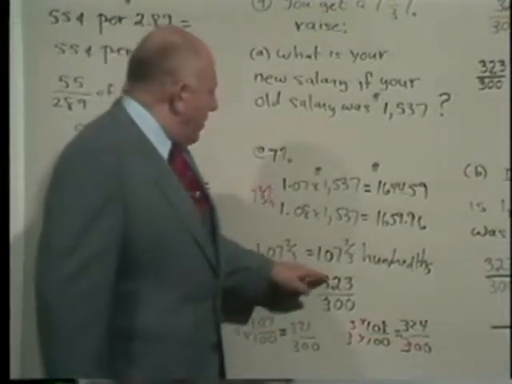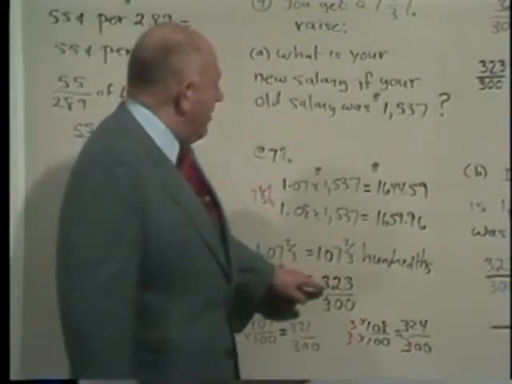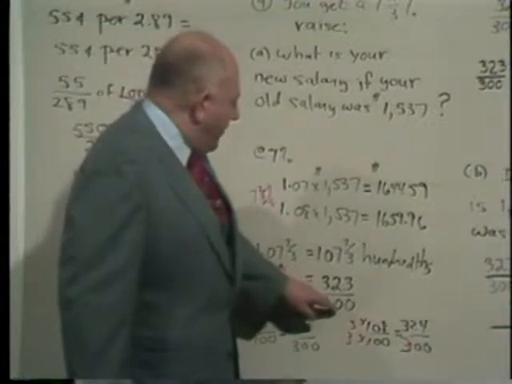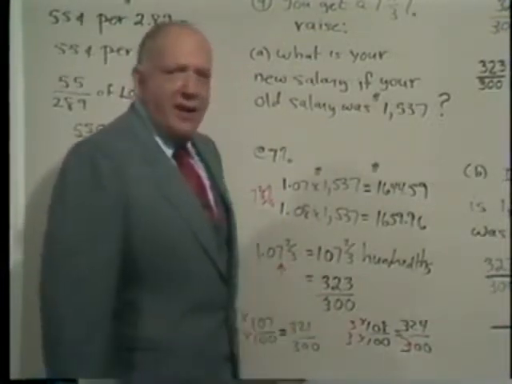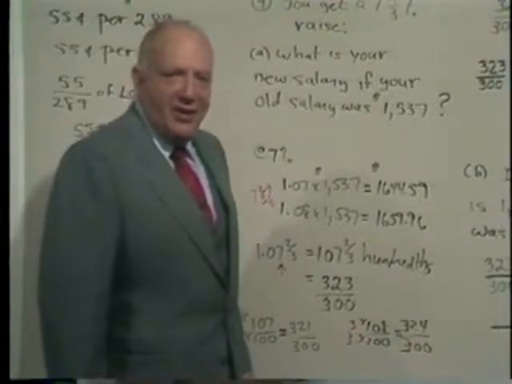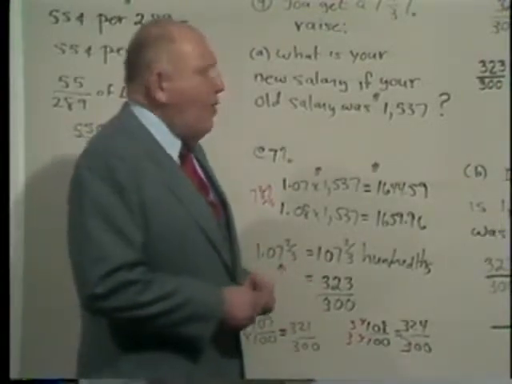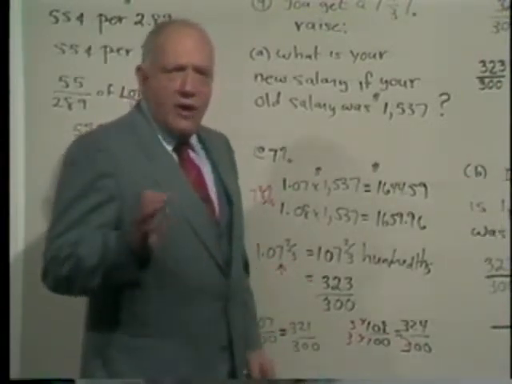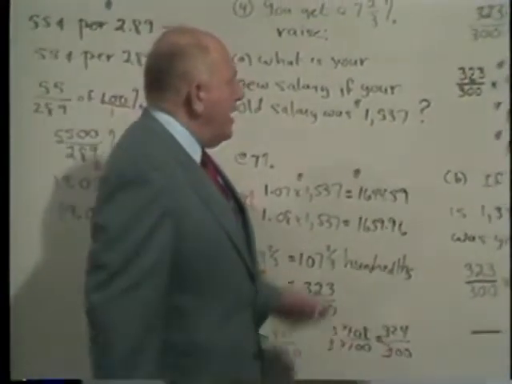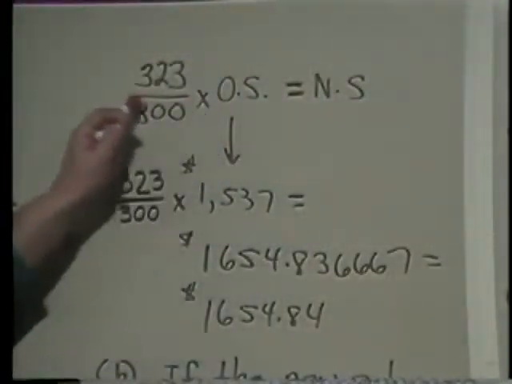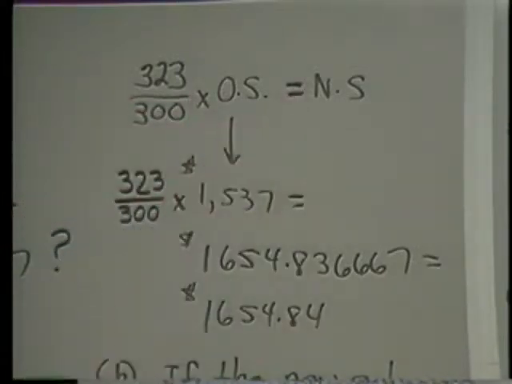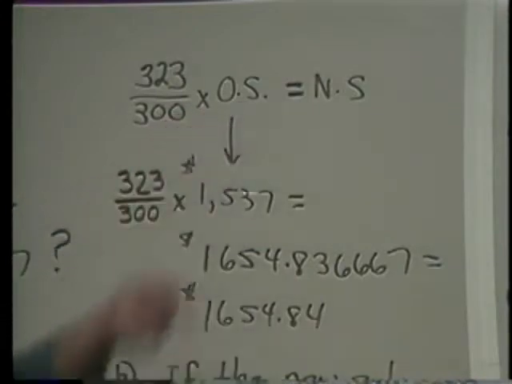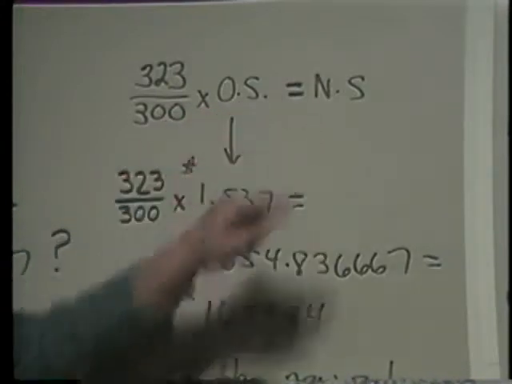What this says is that if your raise is 7 2/3%, for every $300 you were making with the old salary, you're now making $323. That's all that says. So now, armed with that information, we can go to the formula. Instead of multiplying the old salary by 1.07 or 1.08 to get the new salary, see, I'm starting to teach you formulas already, I start to use abbreviations like old salary, new salary.